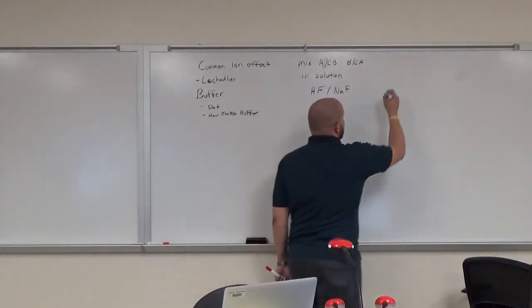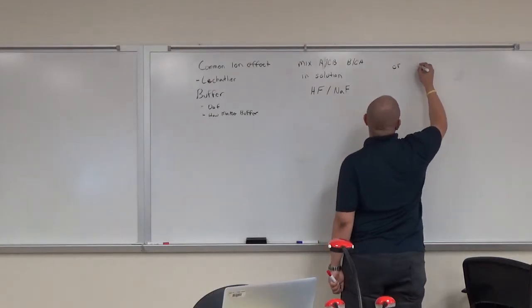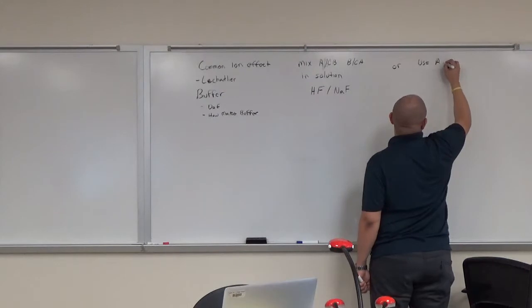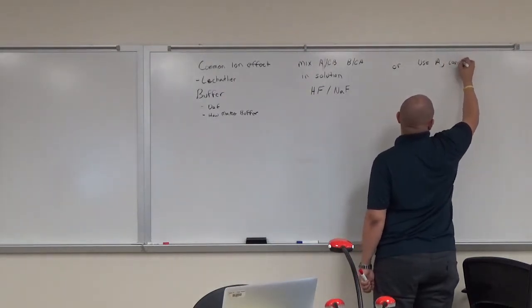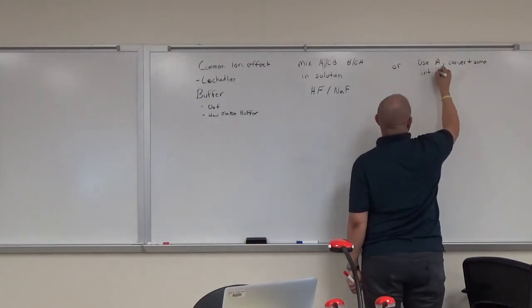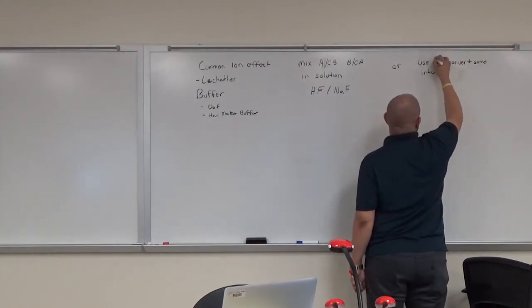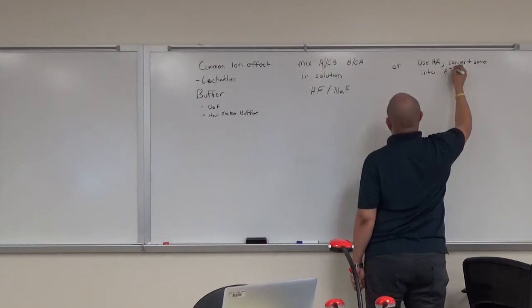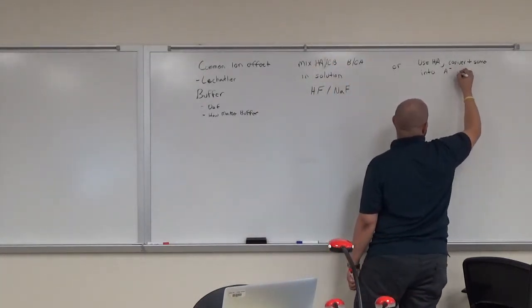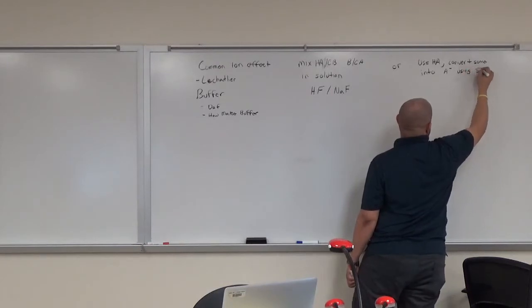Or you can use acid and convert some into A-, and I guess I should be using HA here, but you can convert some into A- using a strong base.